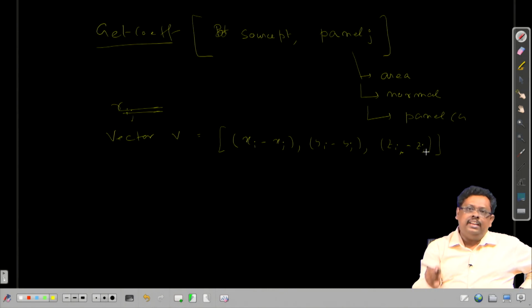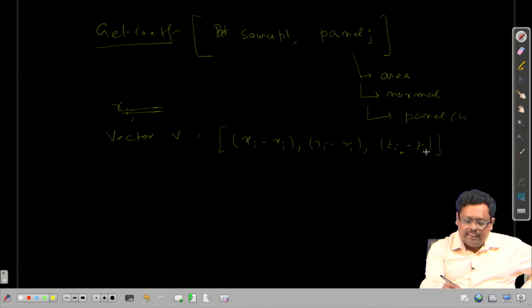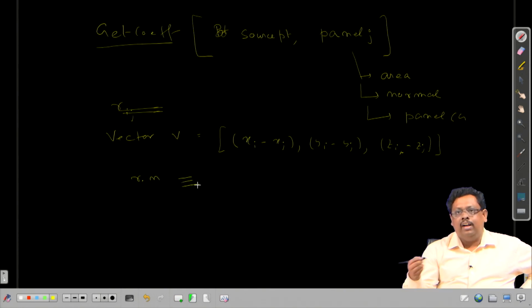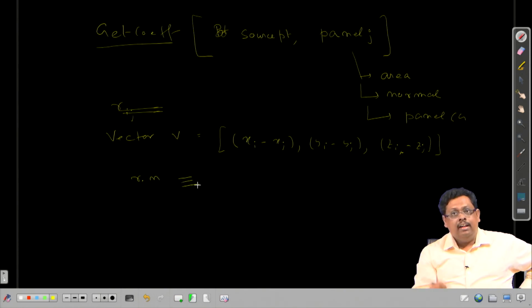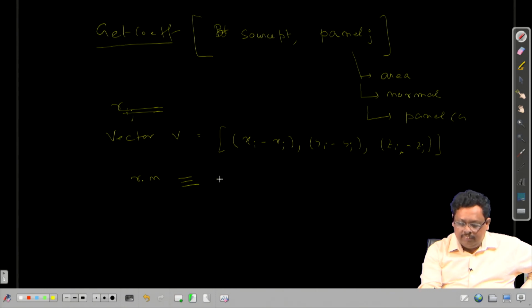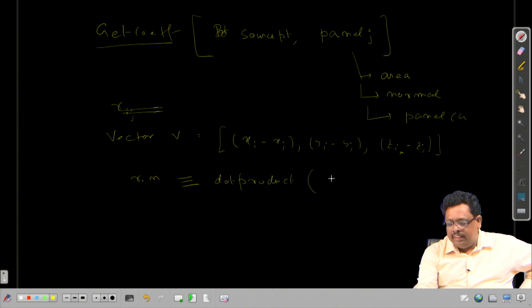Now, you see everything is very easy. In here the running vector logic is really easy. Now, this r dot n is a simple function that I have already written in my primitive vector class, which is nothing but the dot product. So, you write dot product, and you send the vector v and also the panel normal.